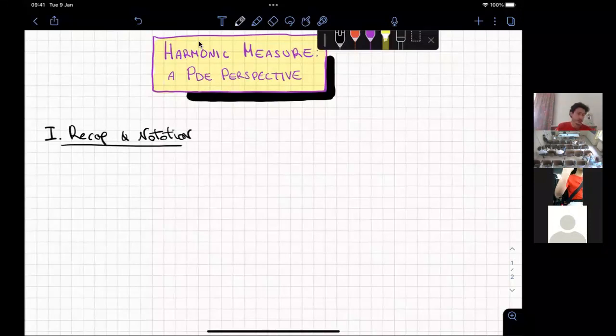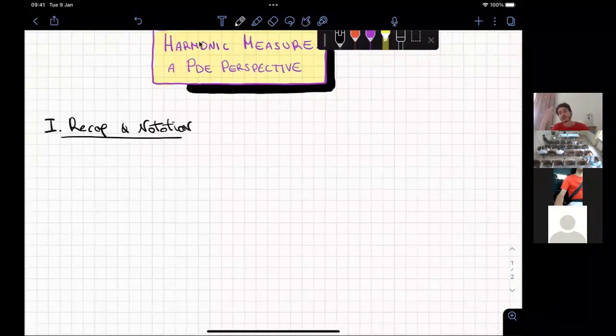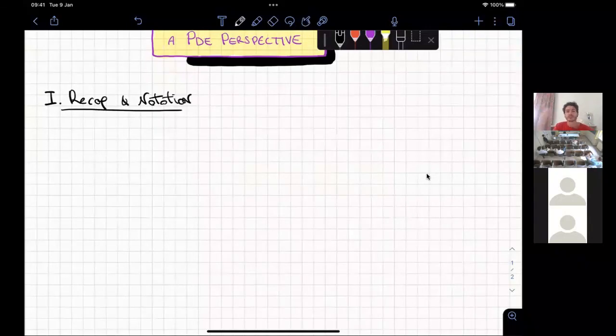So, of course, the focus of what we are going to study is the Brownian motion. Last time the Brownian motion was introduced as a Gaussian process with independent increments.